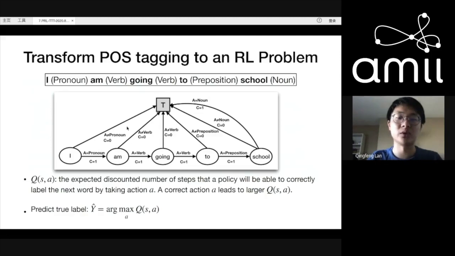Otherwise, you will go to the terminal state with 0 cumulant. Here the action value Q is the expected discounted number of steps that a policy will be able to correctly label the next word by taking the action A. A correct action A usually leads to a larger action value. So to predict the true label, we simply take the argmax over all action values.